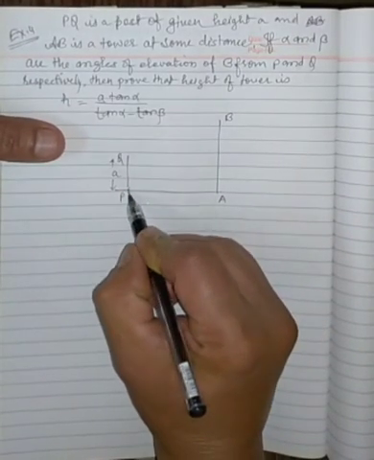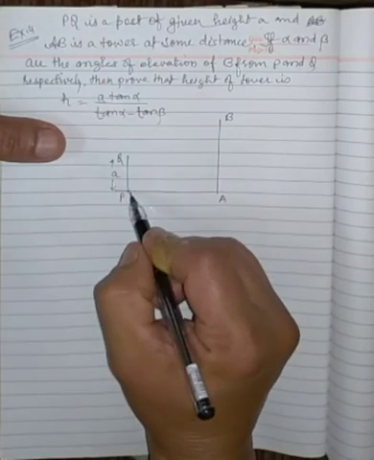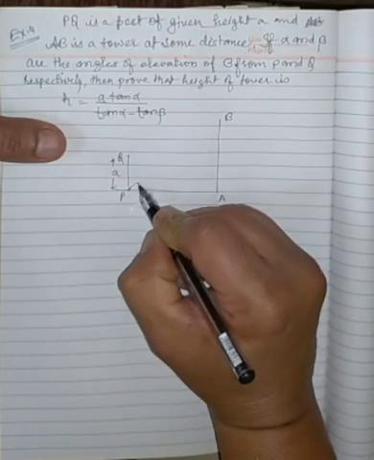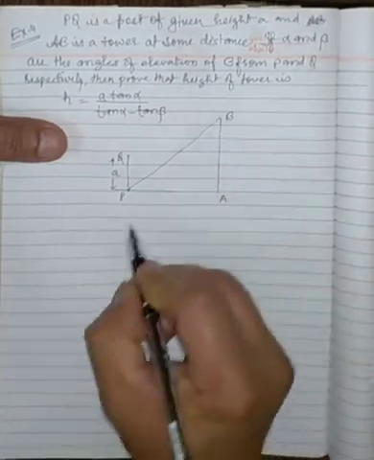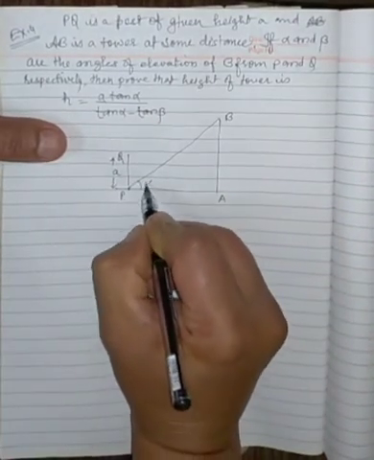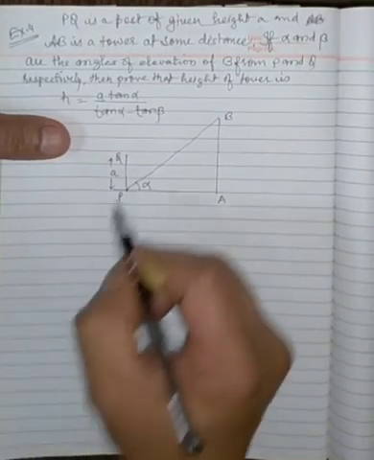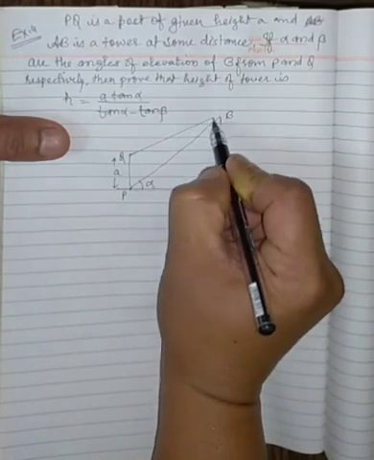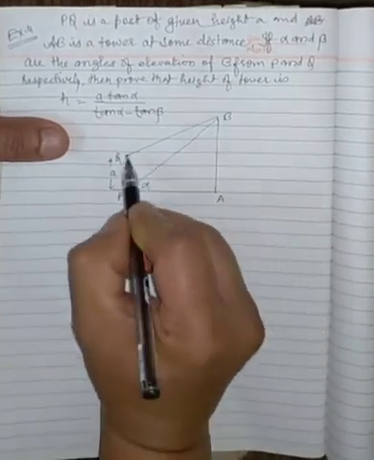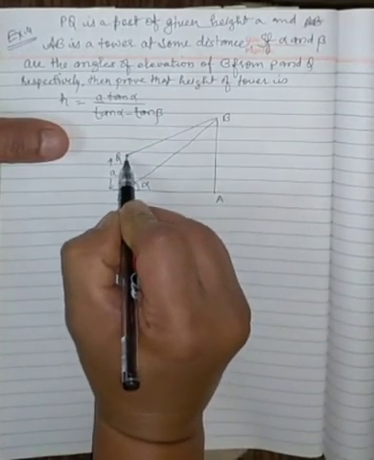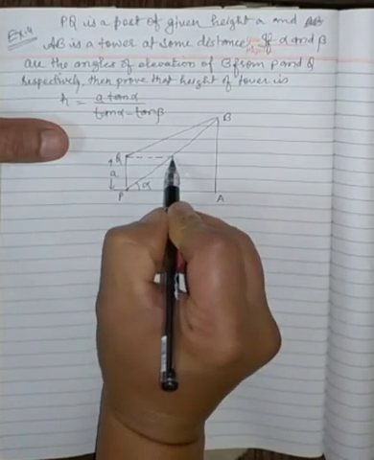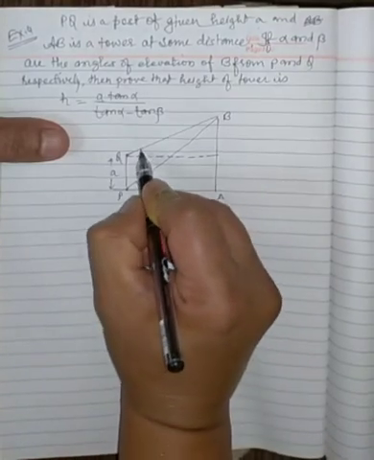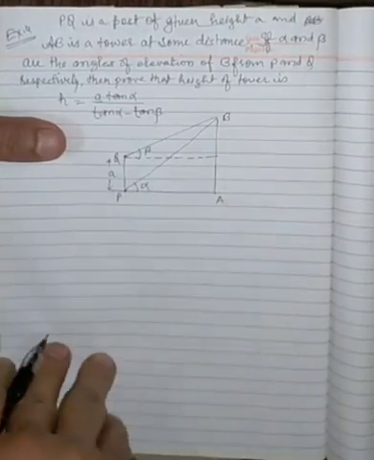Now from points P and Q, the angles of elevation of the point B are alpha and beta. So this angle from P we are given alpha, and this angle from Q we are given beta. But to draw the angle from Q, you will have to draw a parallel to the ground. So this angle is beta we are given.